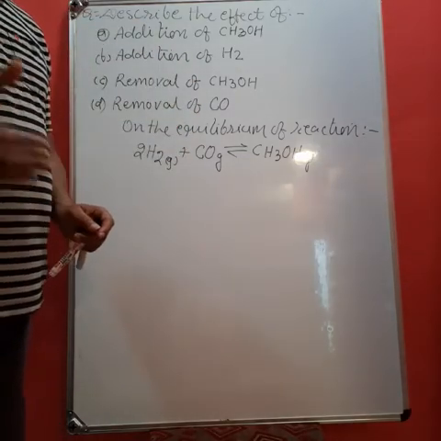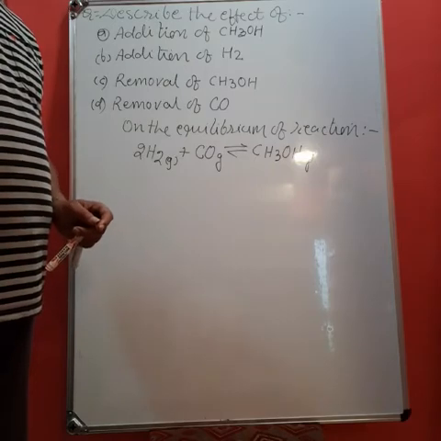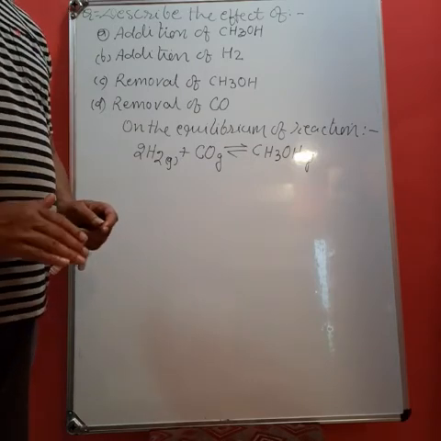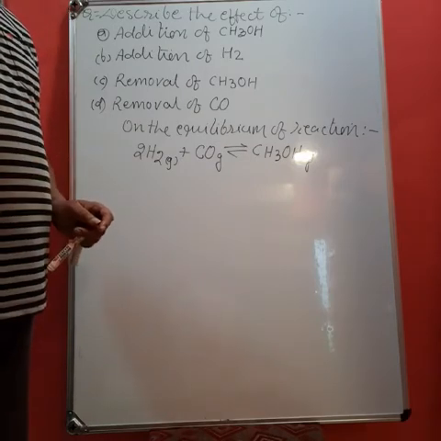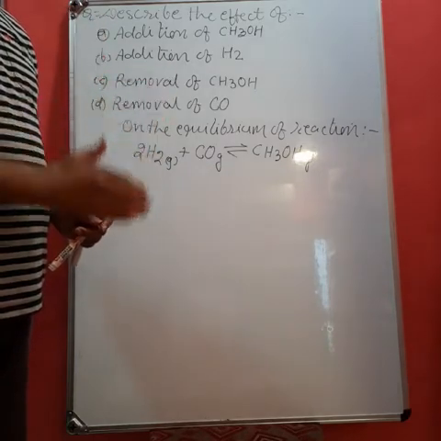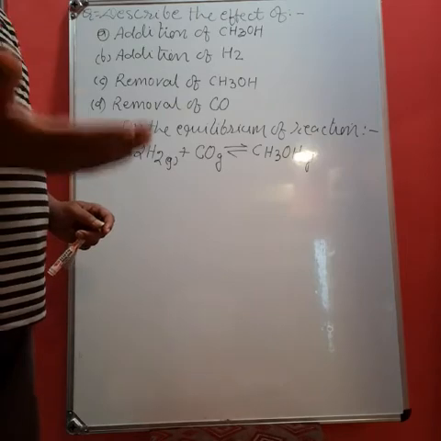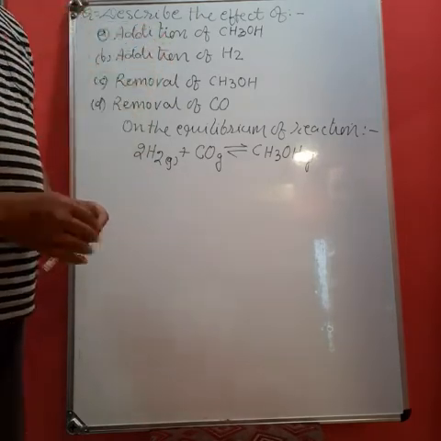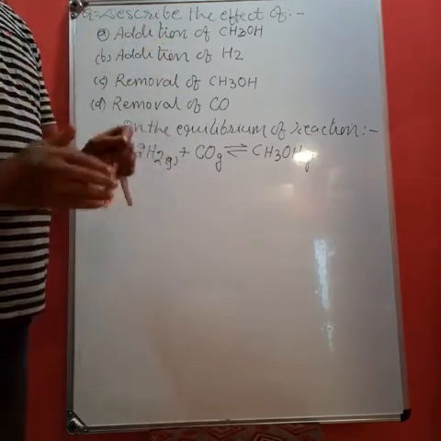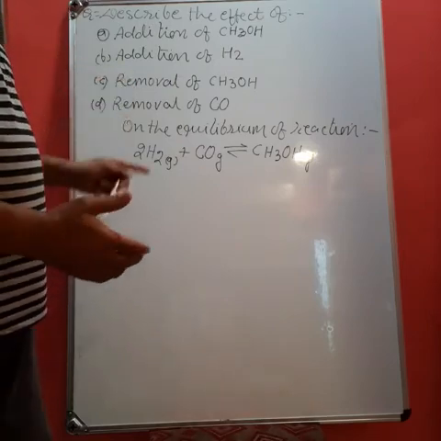Are you getting? Second one, if the concentration of product species increases, then the reaction shifts to the backward direction so that more and more product can convert into reactant and thus again the Kc value remains constant.